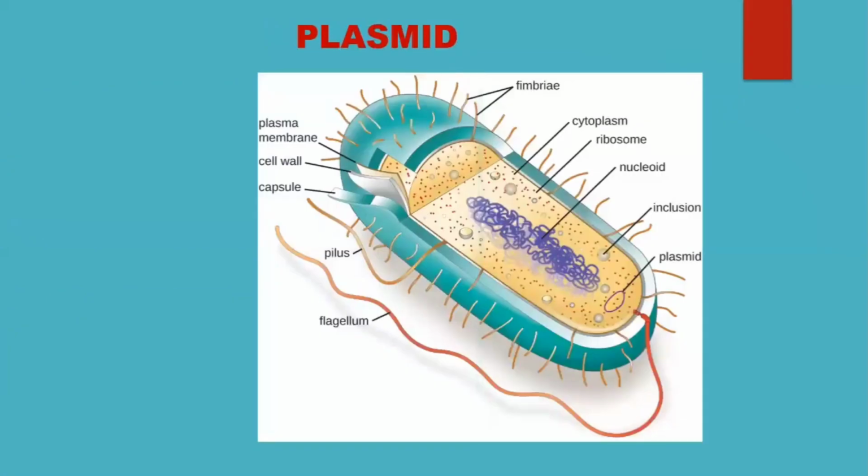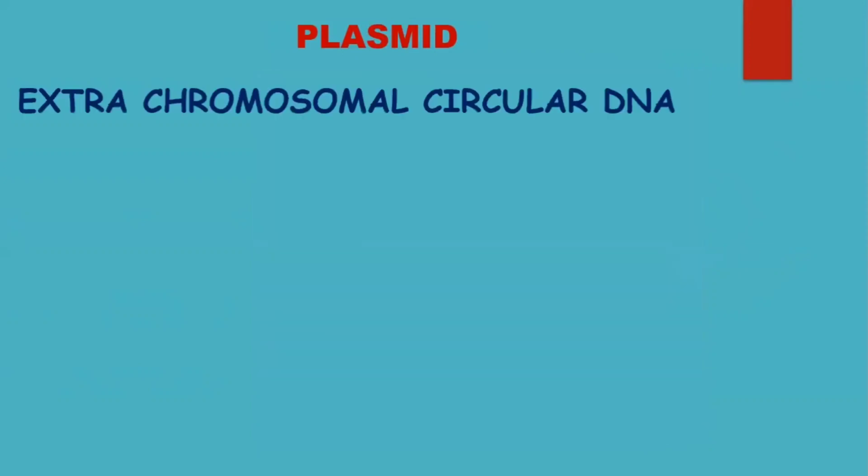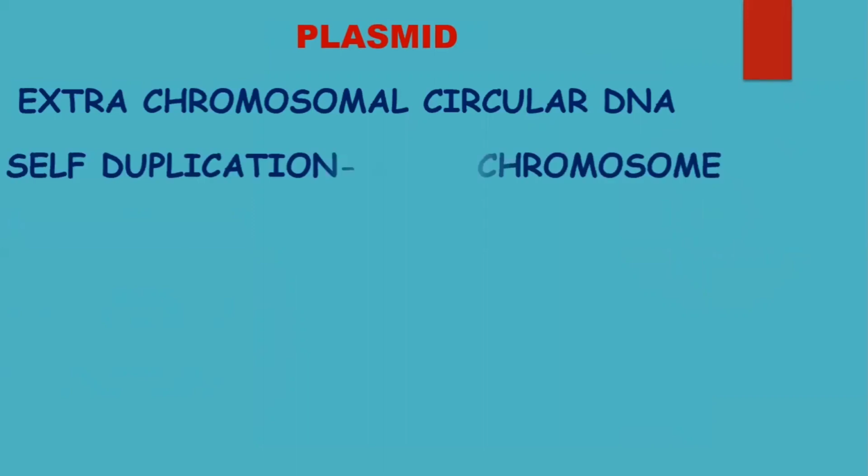Next structure which we see is plasmid. See plasmid. Plasmid is an extra chromosomal circular DNA. When I say extra chromosomal, I mean other than nucleoid. It's a self-duplicating structure, undergoes self-duplication, so we call it mini chromosome.